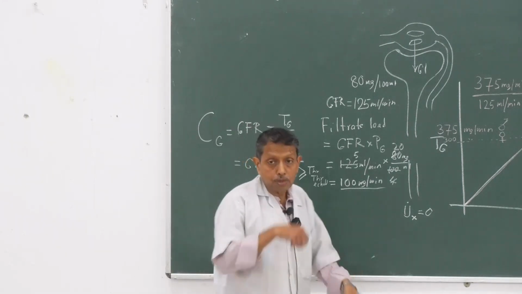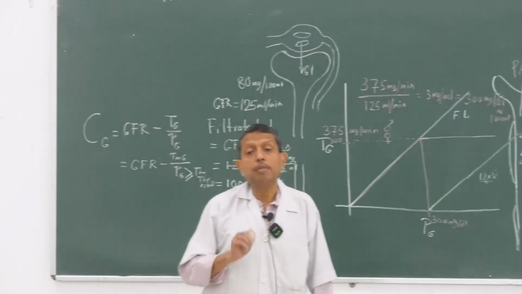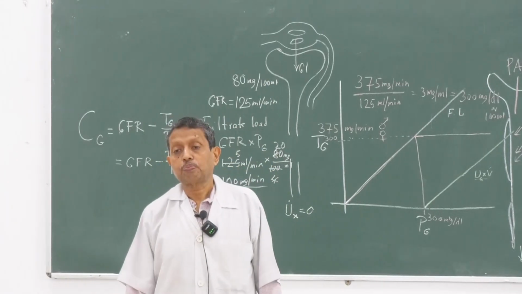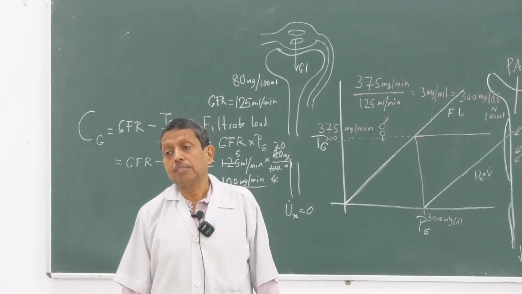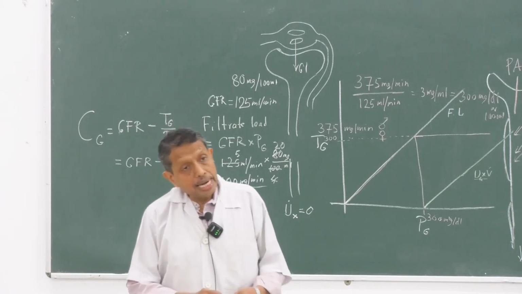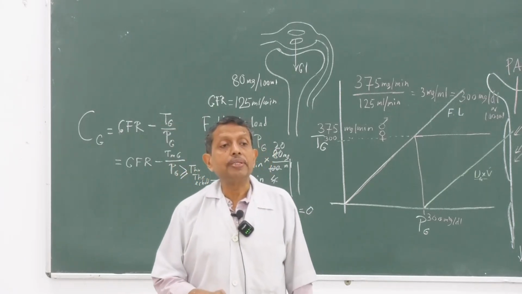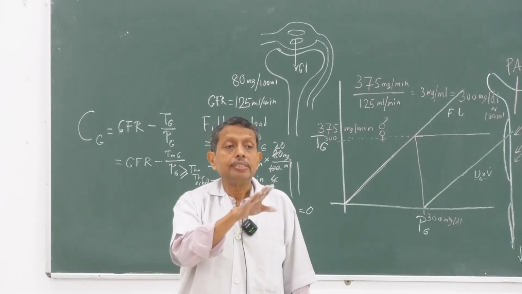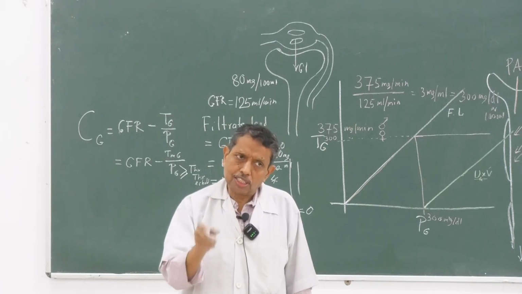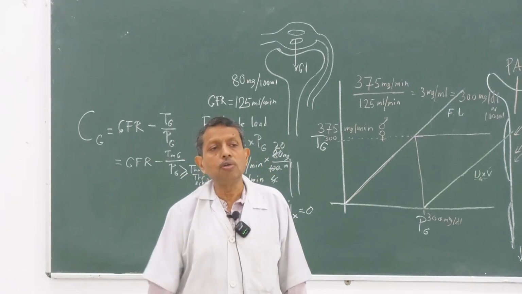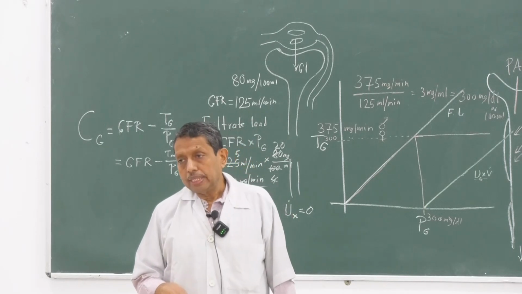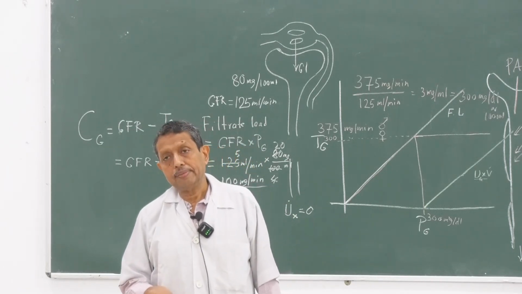Now this glucose is reabsorbed by active transport, secondary active transport, like that is present in the GI tract. Within the GI tract, there is a maximum limit beyond which the glucose is not absorbed. When you go to the GI system, there is the carbohydrate reabsorption, you will find.